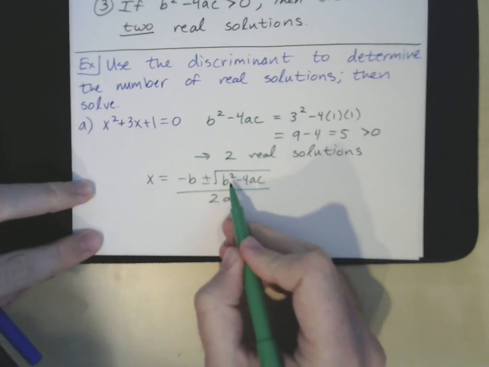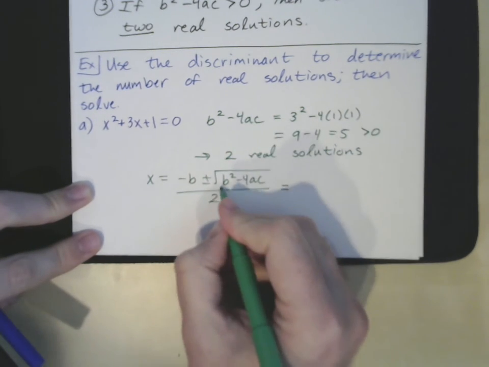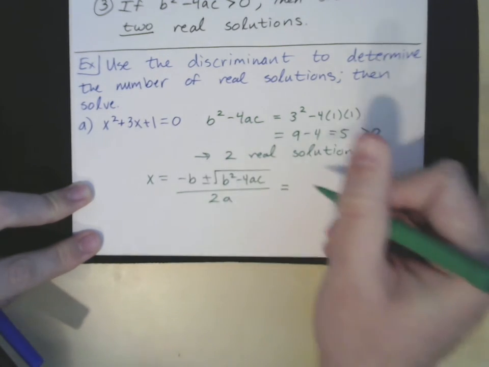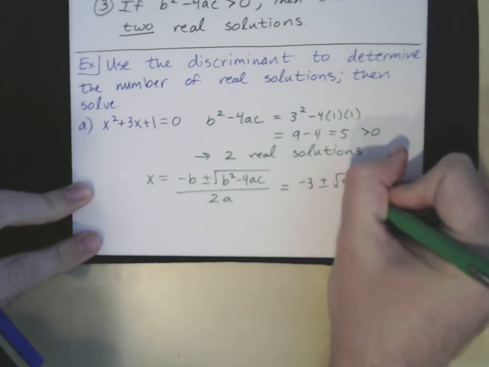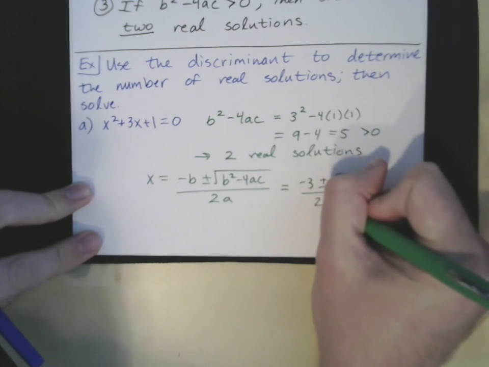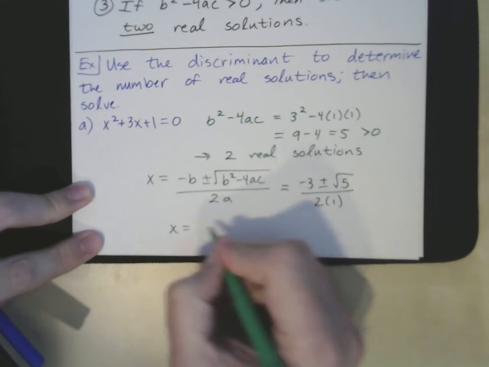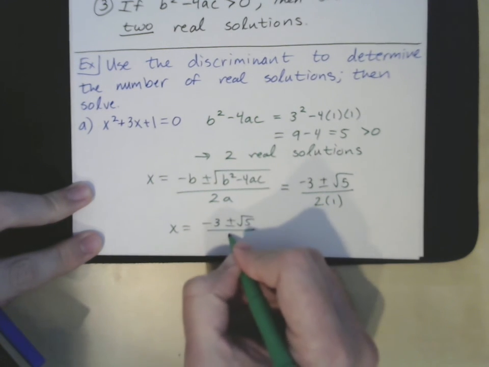This is what I was talking about. If you do this first, you have the simplified version, so you can plug in the answer. So negative b is negative 3 plus or minus the square root of 5 all over 2 times 1. And so we get x equals negative 3 plus or minus square root of 5 over 2.